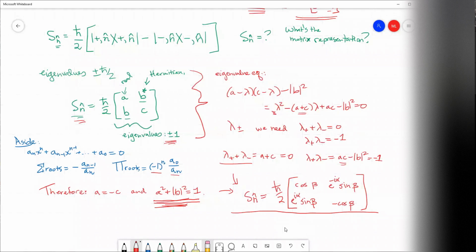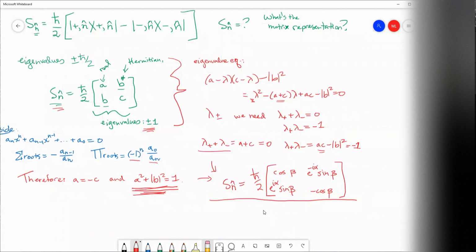Just using pure thought and rotational symmetry, we came to the conclusion that the general form of this has to look like this. This is what it looks like generally. And now what we're going to do is figure out what alpha and beta are. So far, they're arbitrary numbers. So we'll need to apply some physics to figure out what these things are.